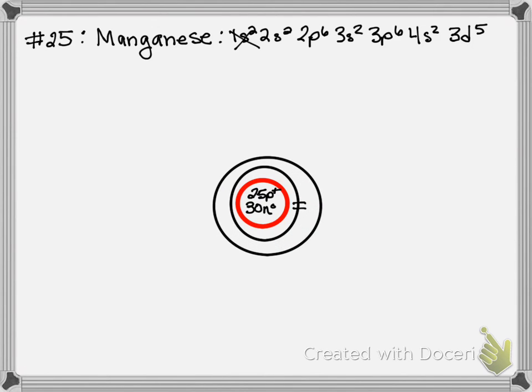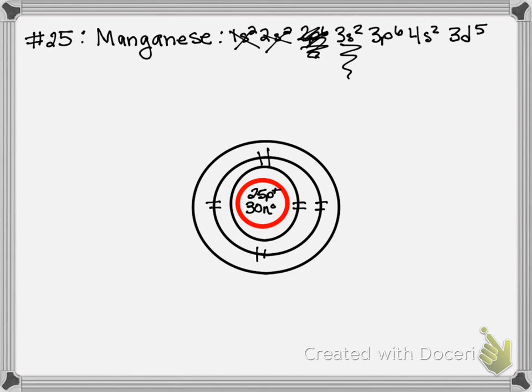The second ring will start with 2 electrons on the right again. Done. Now, let's get the 2p6. Top, left, bottom, top, left, bottom. Done. Looks like we're jumping now to the third ring.